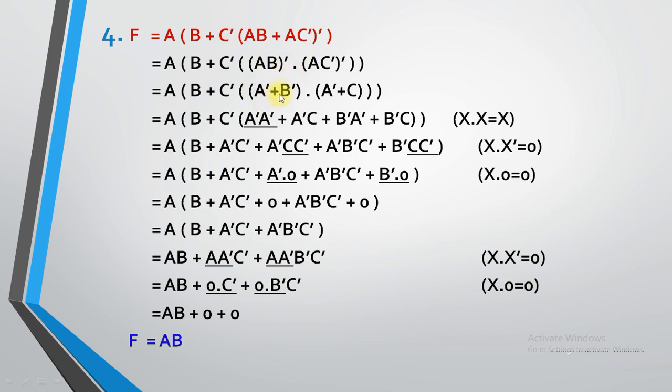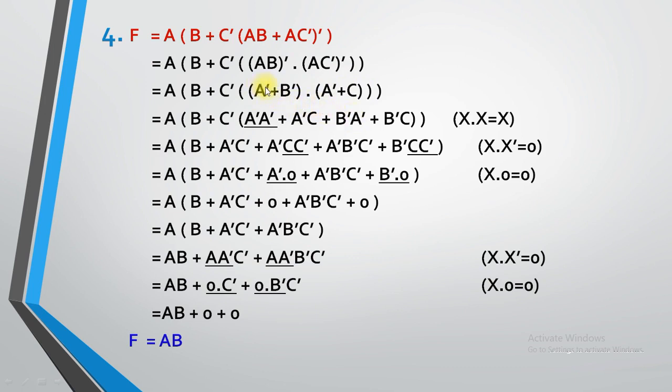Now what happens? I am going to multiply these terms. First of all, A dash with A dash, plus A dash into C, plus B dash into A dash, plus B dash into C. This is the rule of mathematics only, and even in postulates we have referred to this.